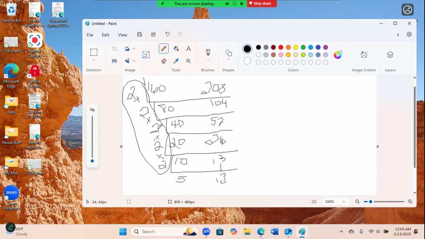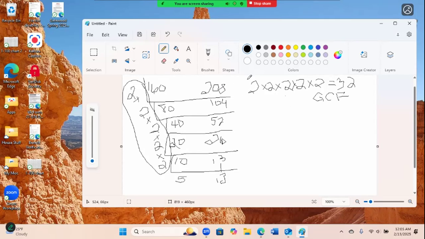So it's 2 times 2 times 2 times 2 times 2. When you multiply that, you get 32. That is your greatest common factor of 160 and 208.